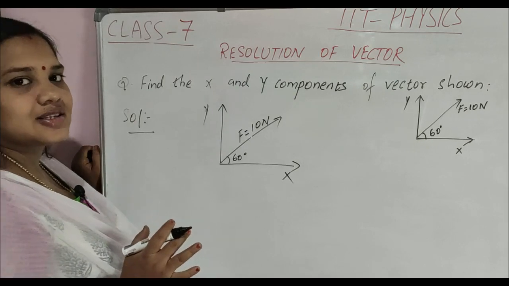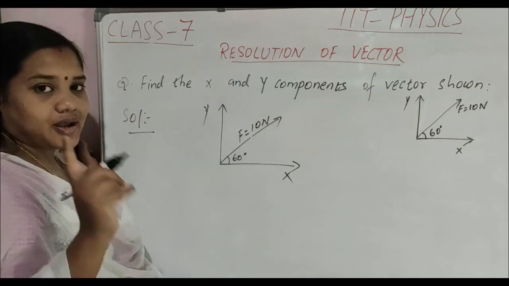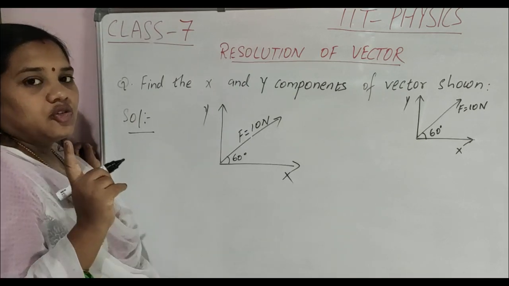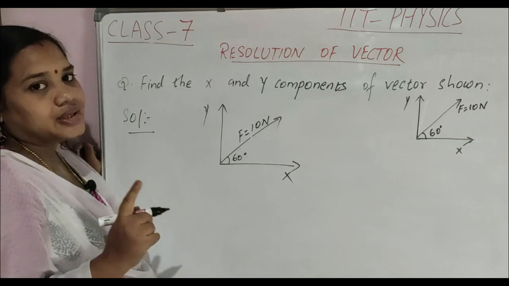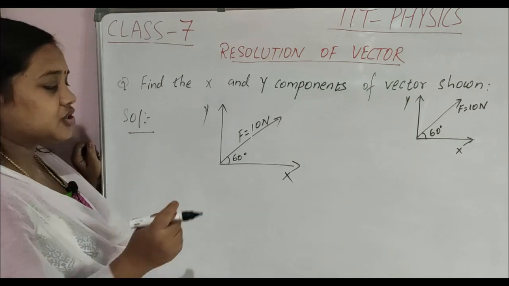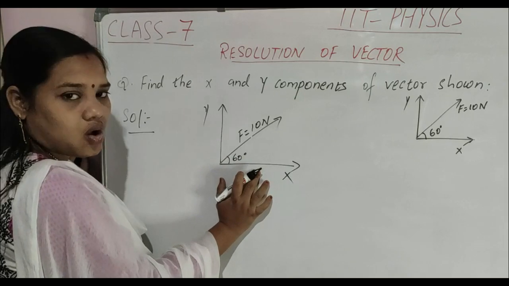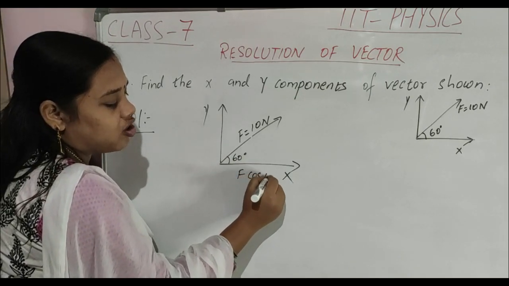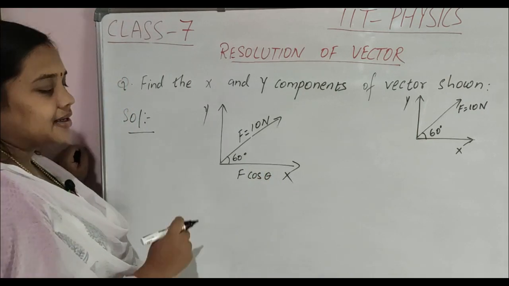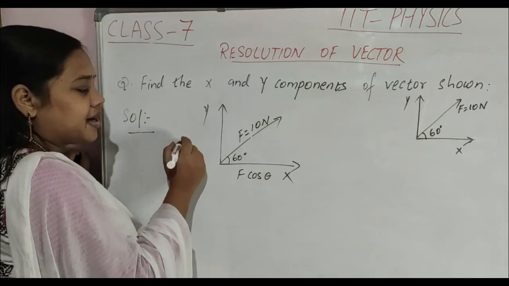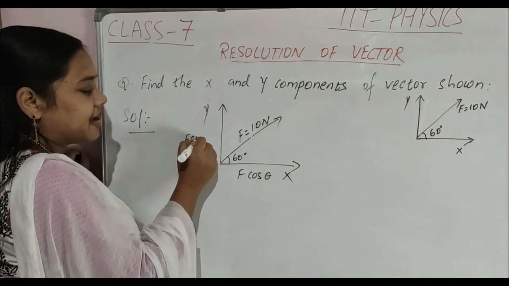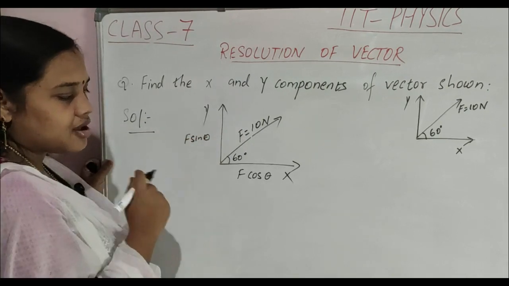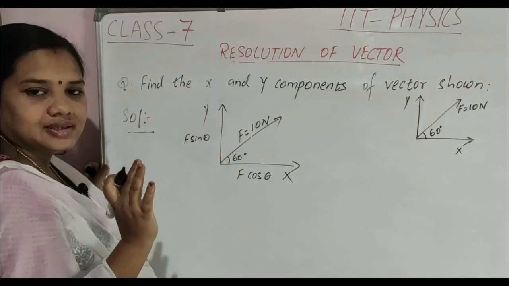Now you have to find the x component and y component. Remember what I said? Which side the angle is, that side only cos will be there. This side is the angle, so this side is cos. What is the x component? F cos theta. And the y component? F sin theta. Is it not?